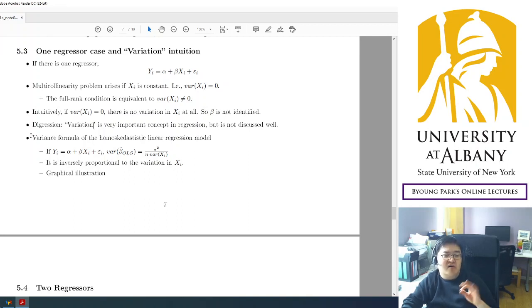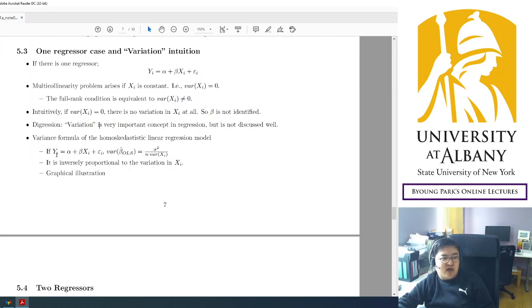Also, variation is important because otherwise, if there is no variation, then you are not identifying anything. It's obvious. At the same time, the larger the variance is, the better your result will be. So the variation is also important for the accuracy of your estimator.